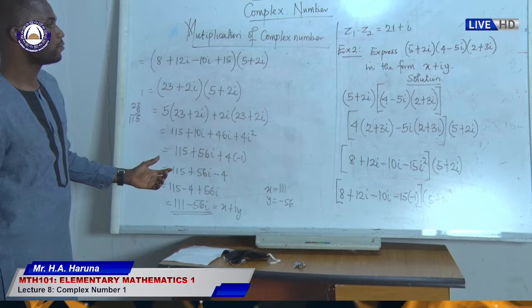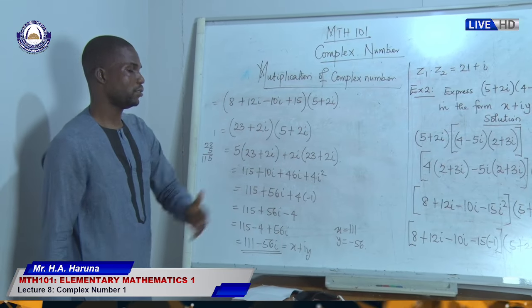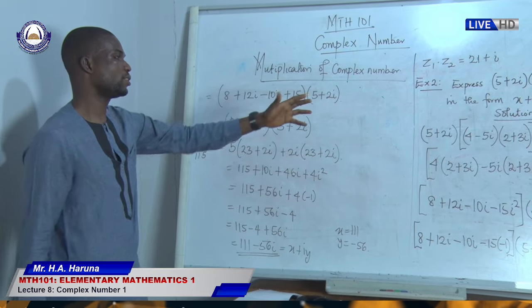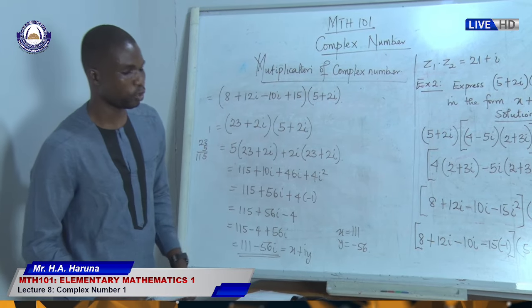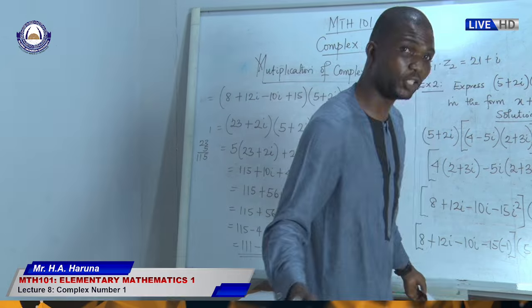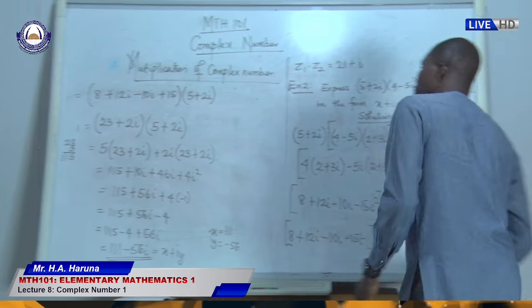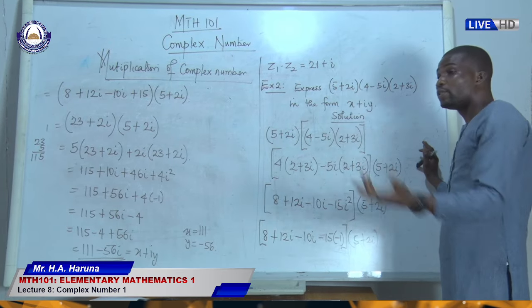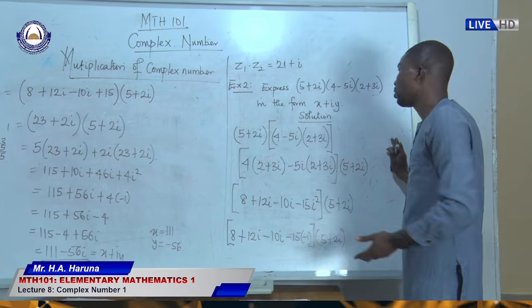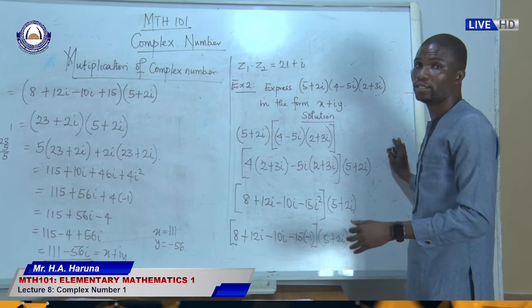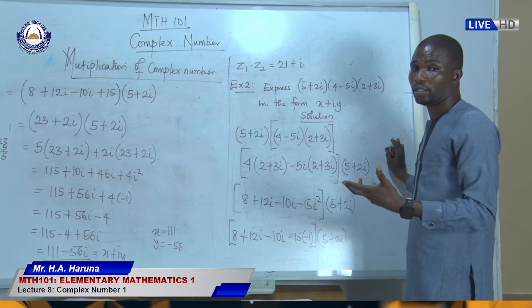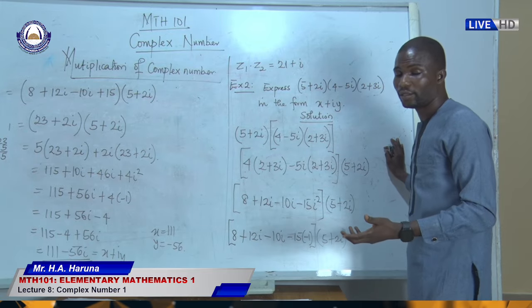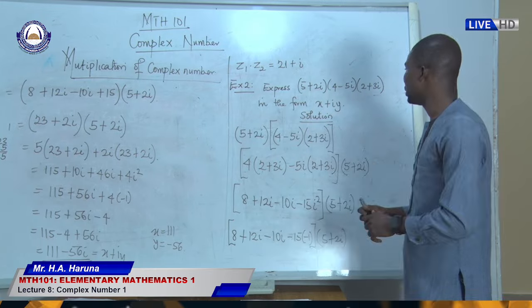So if you have 3 brackets as we have it, you can take any 2, because we said earlier that multiplication is commutative. You don't have commutativity in that sense with subtraction.